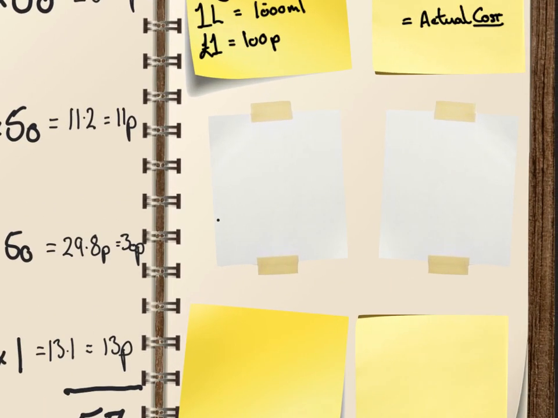So we take our 57 and we divide it by 6, which equals 9.5. Now again, we don't get half a penny. It's not the 70s. We get 10 pence. So we've calculated how much it cost to make 1 cupcake.